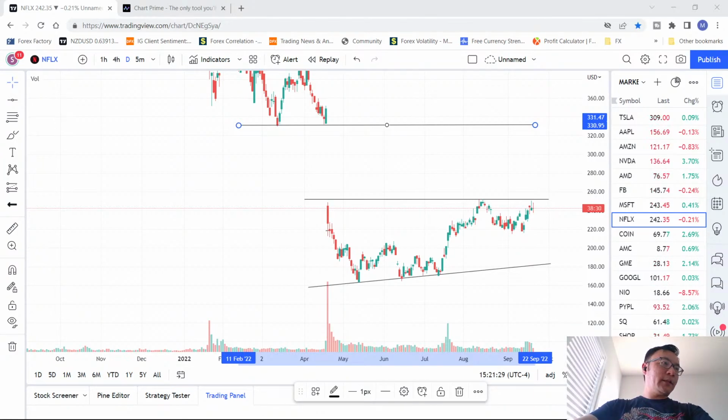Okay, so how much am I making if it potentially works out? 331 less 250.50 is 78. Okay, so in this case, it's almost like a 5 to 1 ratio, right? Let me just see.